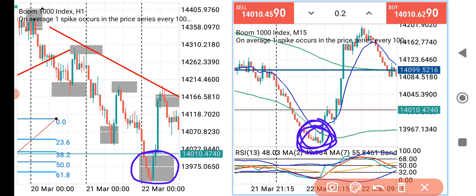So what you will do, you now come to your lower time frame and observe that price is piercing the lower Bollinger Band. So immediately you realize that price is piercing the lower Bollinger Band, you now look at your TDI indicator in your indicator window.